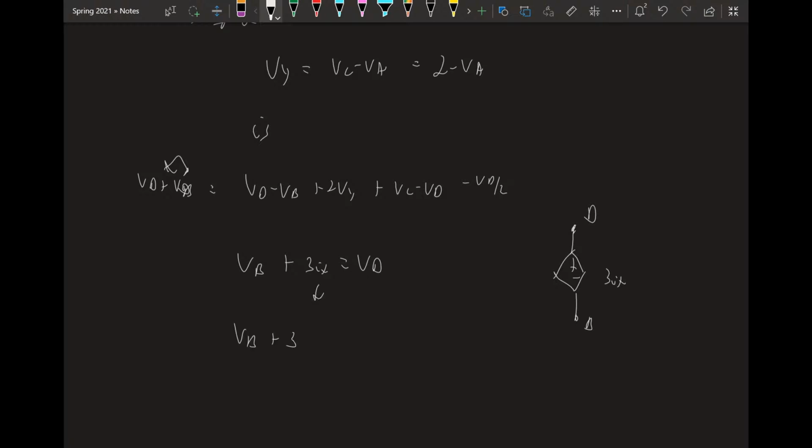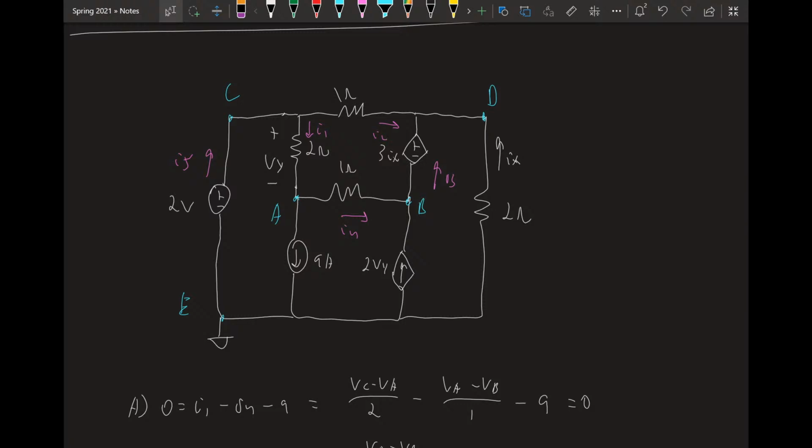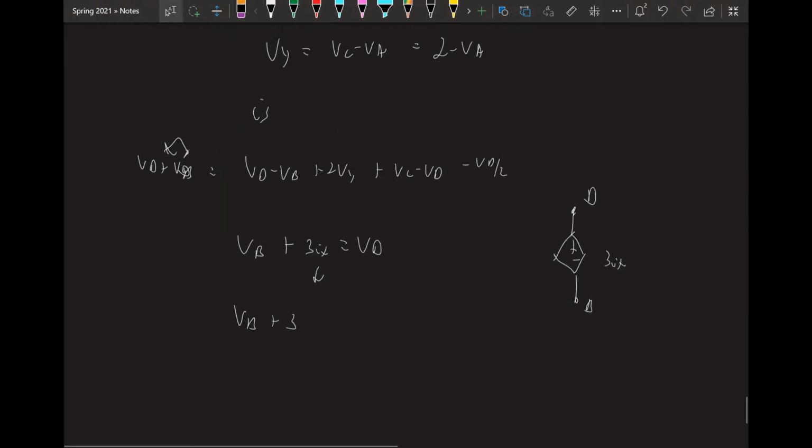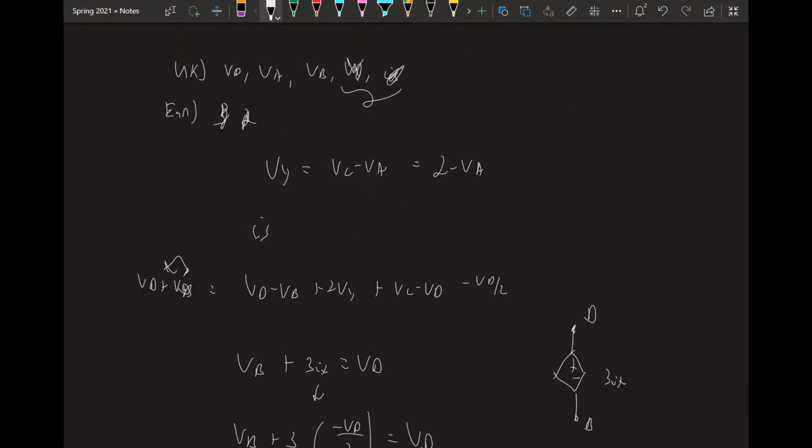Looking at our circuit, Ix is ground minus VD over 2. So VB plus 3 times negative VD over 2 equals VD. When you solve, you're going to get that 5 over 2 VD equals VB. We now have a third equation with 3 unknowns, and we can solve.